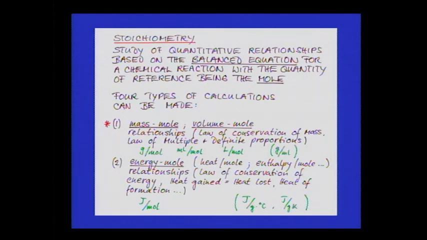So we are basically dealing with this type of situation, which always involves the conservation law of mass. That means, remember, the atoms just recombine into new combinations. No mass is gained or lost during a chemical change.